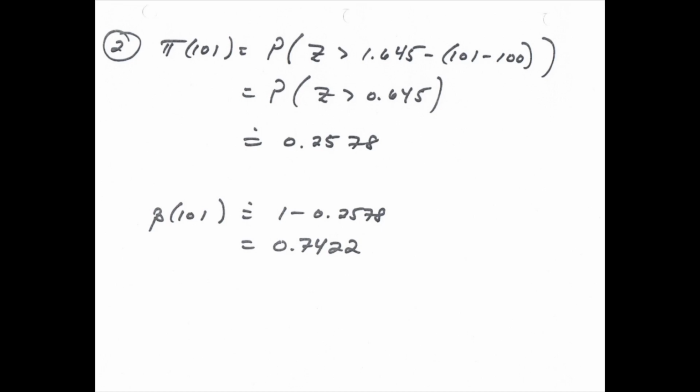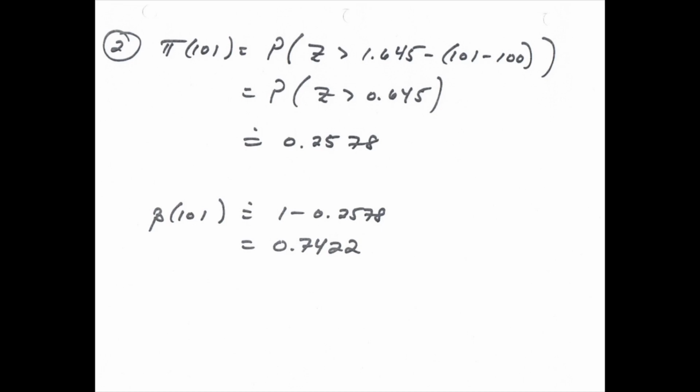And so the question is, what is the probability that we get a hold of a sample that leads us to reject the null hypothesis? The related question is, what is the probability that we fail to get a hold of a sample that leads us to reject the null hypothesis? Well, that first question is given by the power function evaluated at 101, and the second question is given by the beta function, the operating characteristic function, also evaluated at 101.